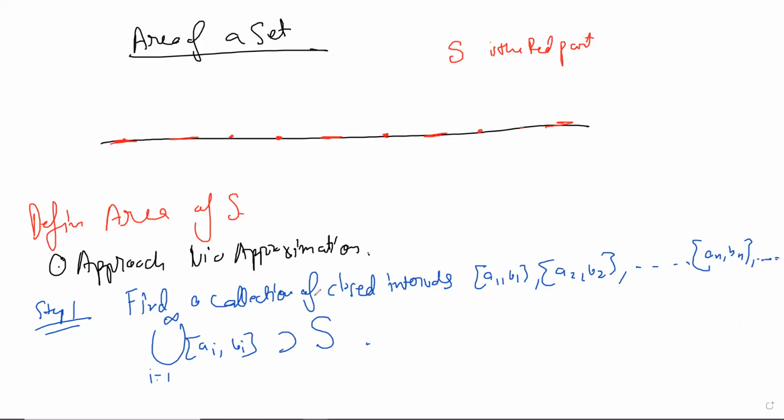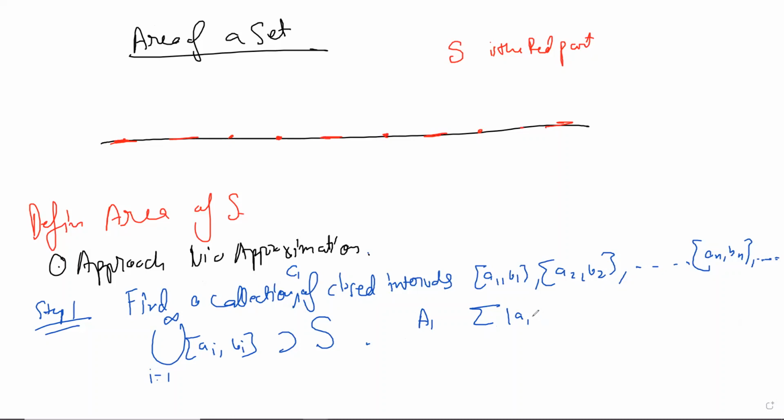If you find a collection, it's called C1. Then I'll call A1 the sum of the lengths of the intervals in my collection. So basically what I'm trying to understand is what's the error? Or maybe not the error.